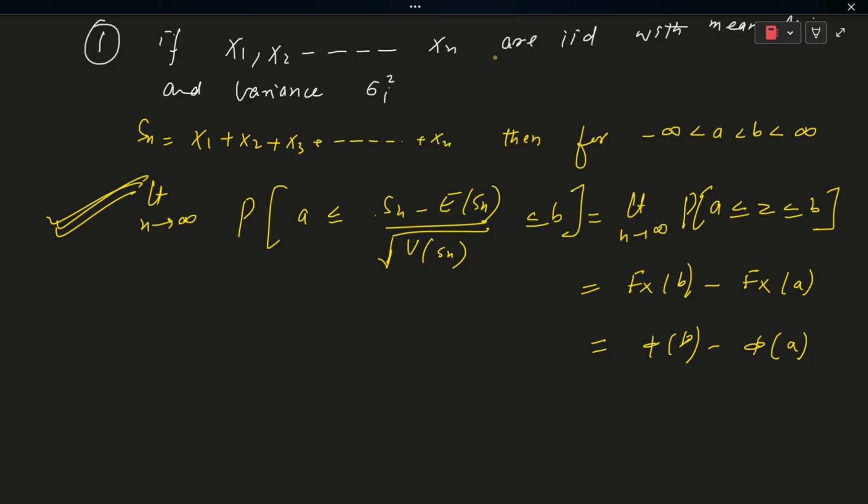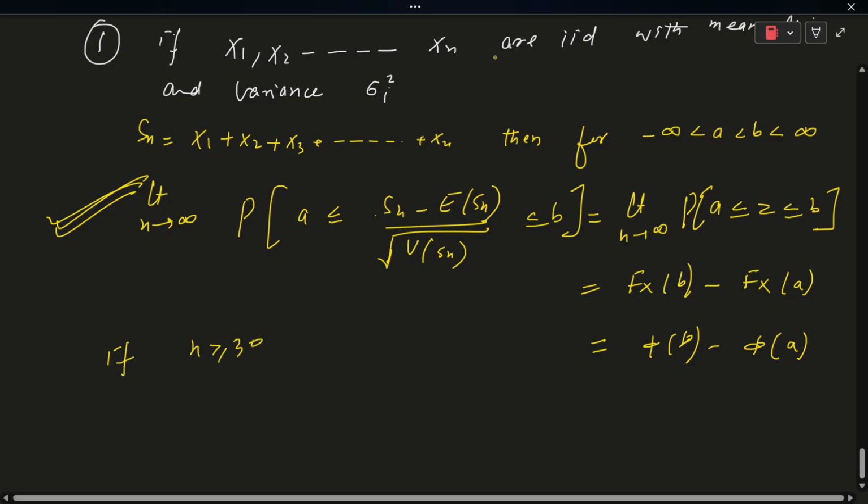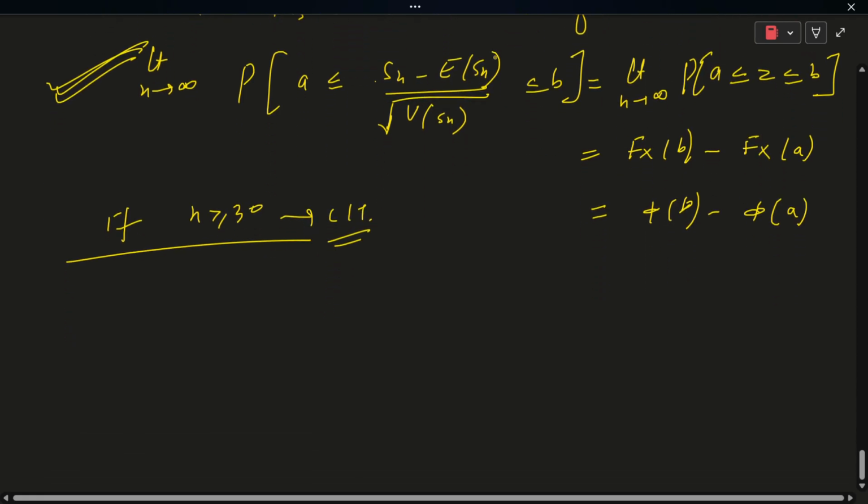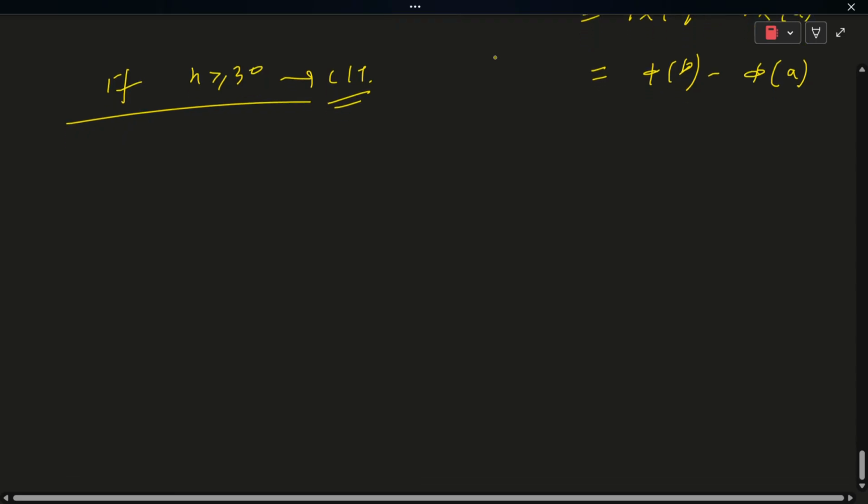Generally, if n is greater than or equal to 30, then we can use CLT for large n, right?